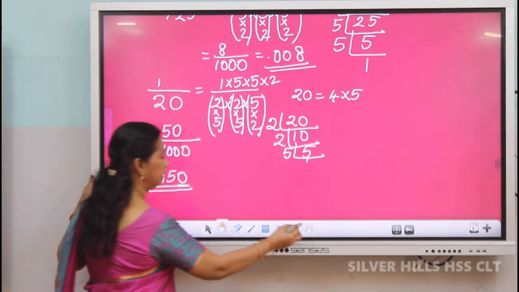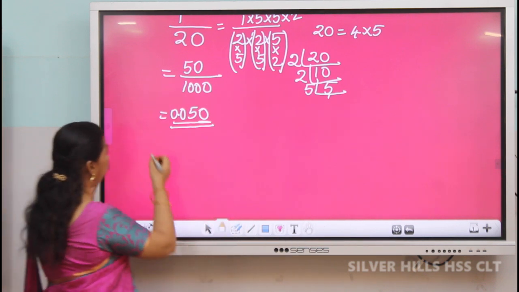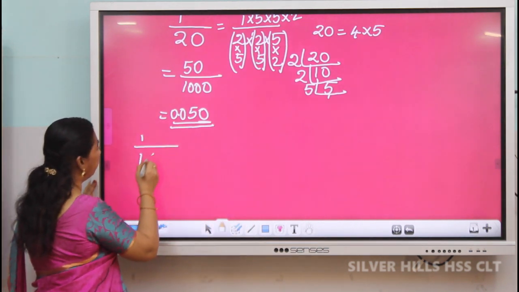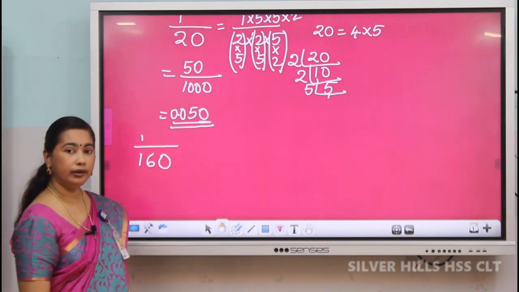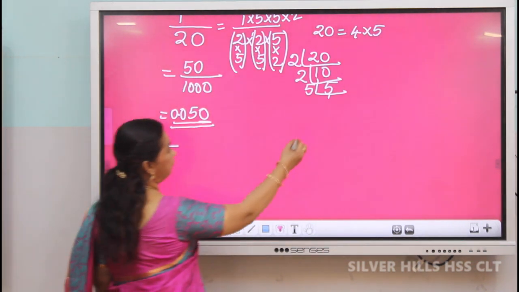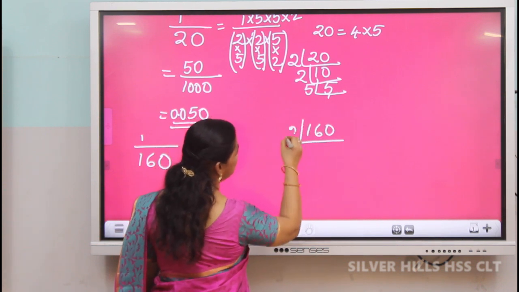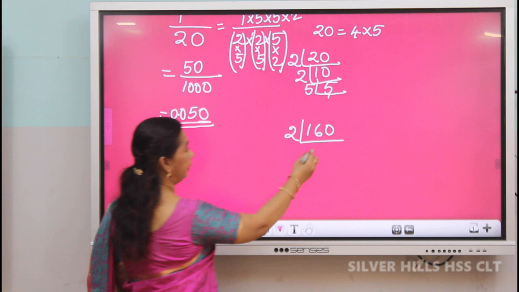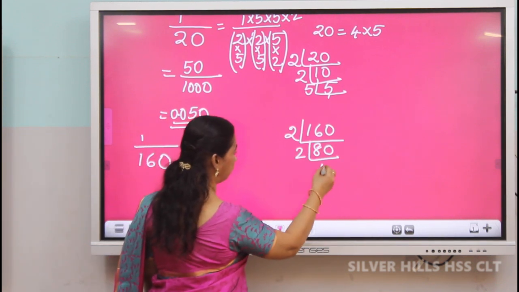Now some little complicated fraction we will take. Let it be 1 by 160. So while taking 160, first I will factorize this 160. So 2 times, it becomes 80. Again factorizing, you will get it as 40.